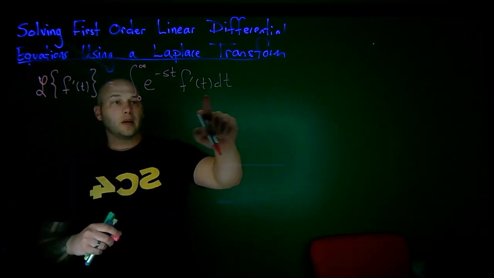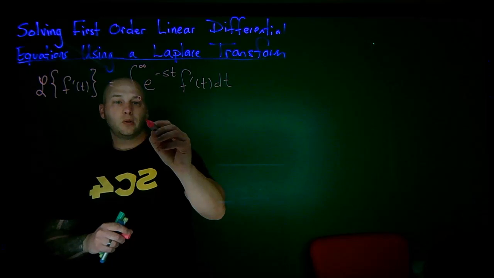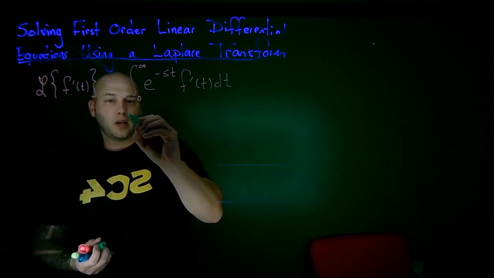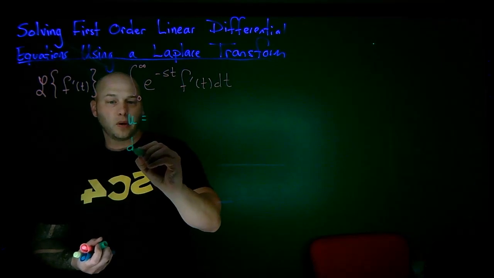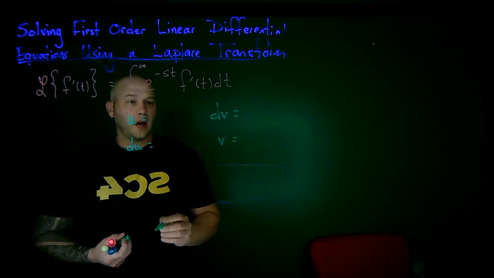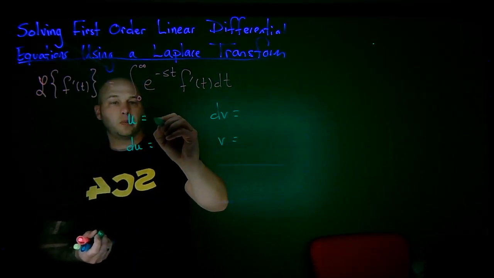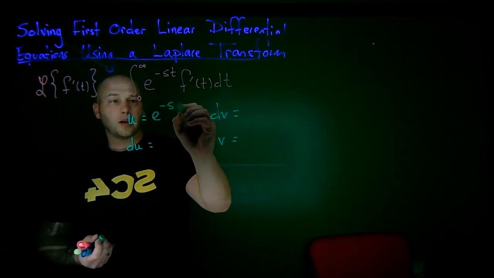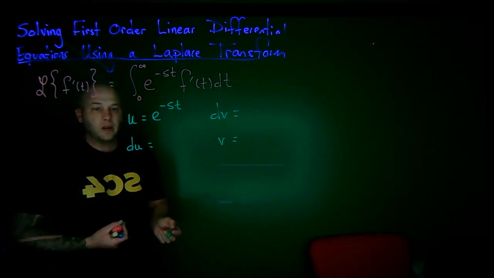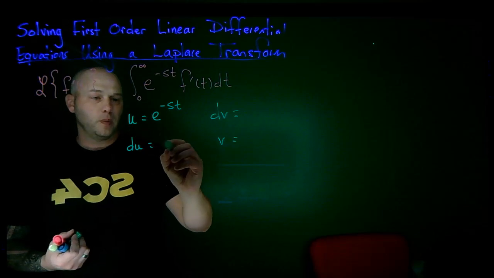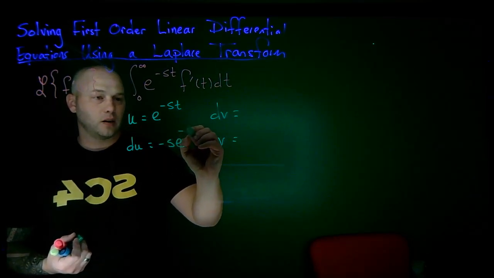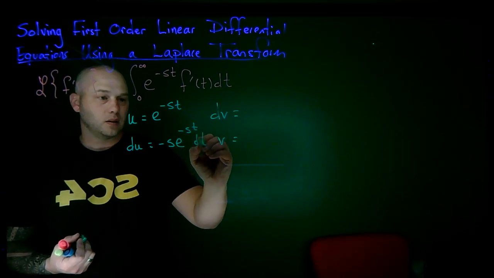To evaluate this integral, I'm going to use integration by parts. So let's go ahead and set up our table. I've got my u, my du, my dv, and my v. And I'm going to set u to be e to the minus st, and then differentiate that with respect to t to get my differential of u, which is negative s e to the negative st dt.